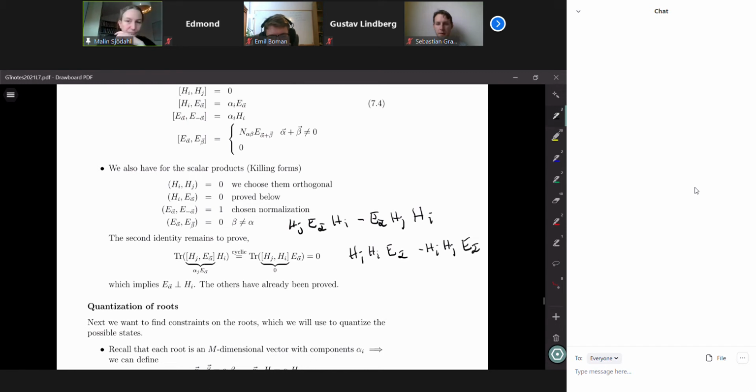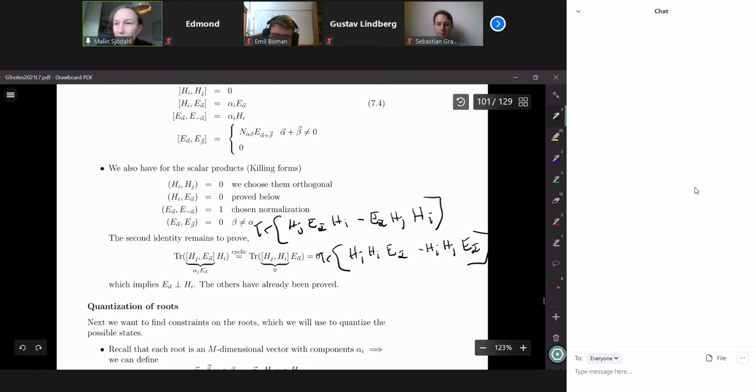And now we should have the trace over everything here. Of course it should be cyclic, so we can move things around. We can take this term and move it to this side.